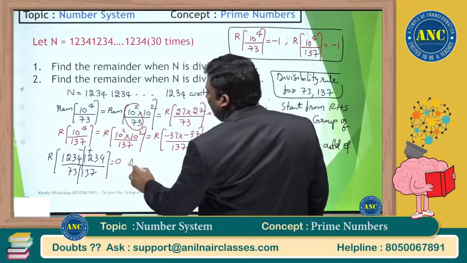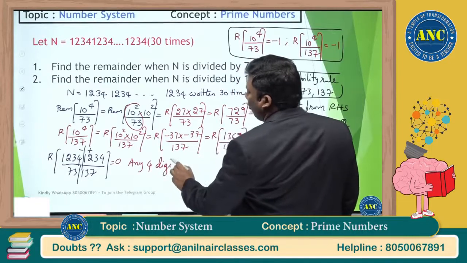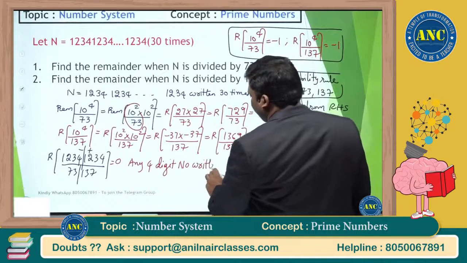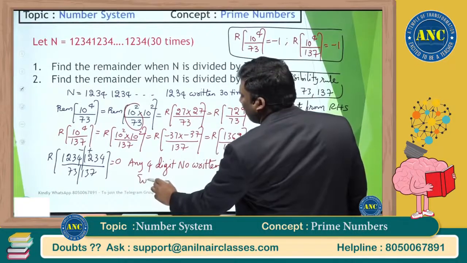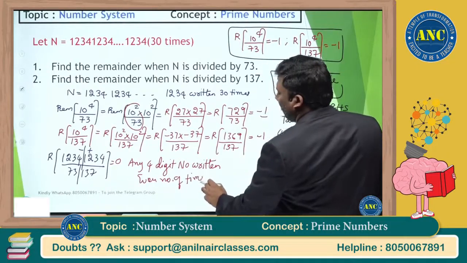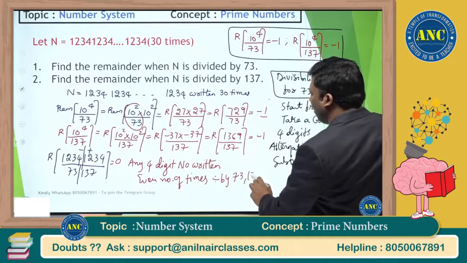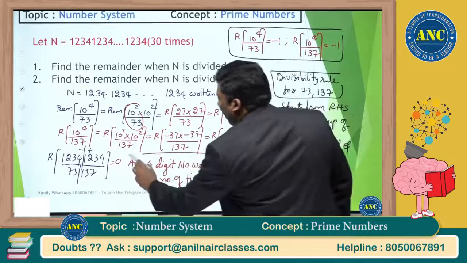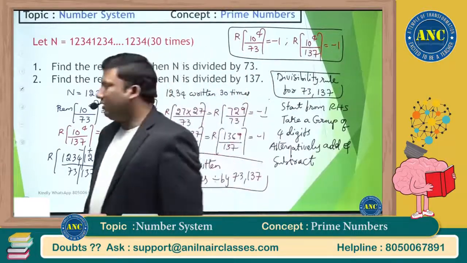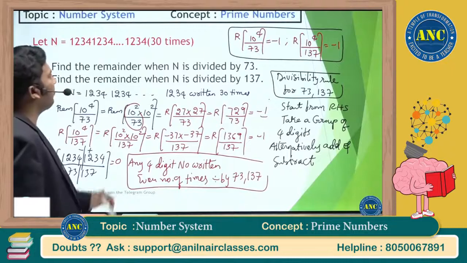That means any 4-digit number written an even number of times is always divisible by 73 and 137. Please make a note of it, sir.